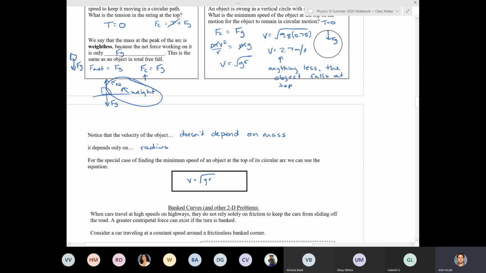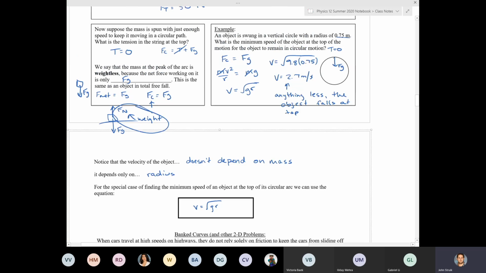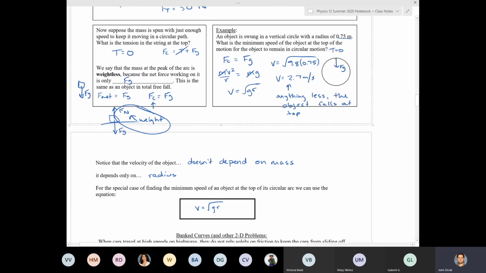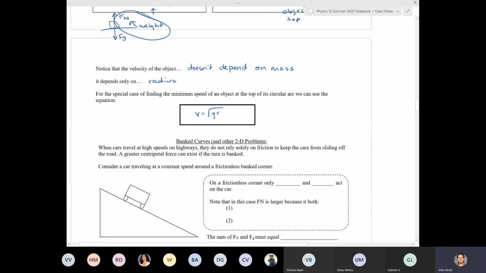I once took it off because too many people were relying on it to solve just normal velocity, and that's not good. It's only in a special case of finding the minimum speed. Okay, that's the only time you can use it. And it's not hard to derive. So if you understand this part, then you don't even have to memorize or use that formula.